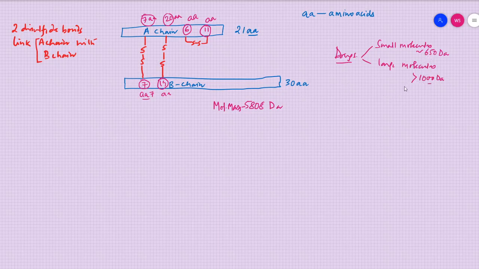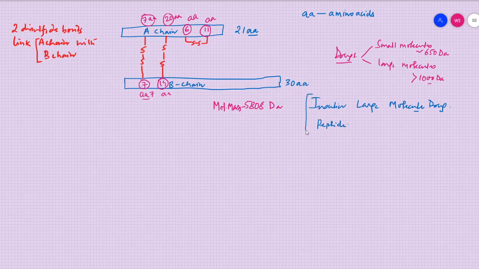So if we look at this information along with that, we understand that insulin is a large molecule drug.